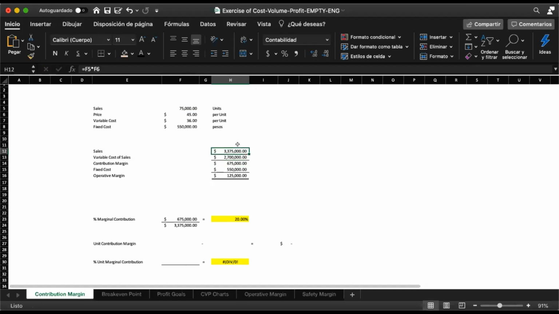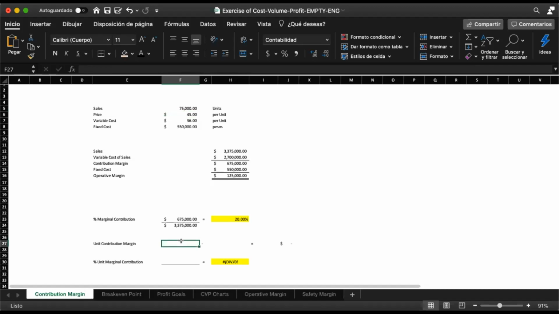It's a subtraction. If in total you subtract the variable cost of sales from sales, on a unit basis what would you subtract?